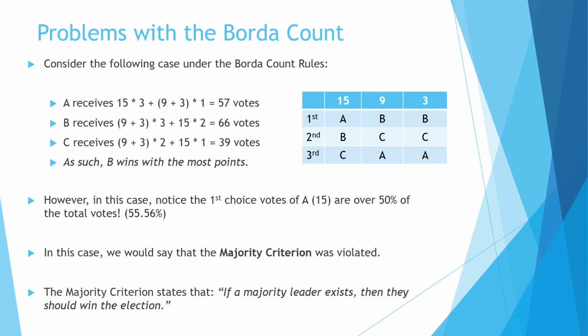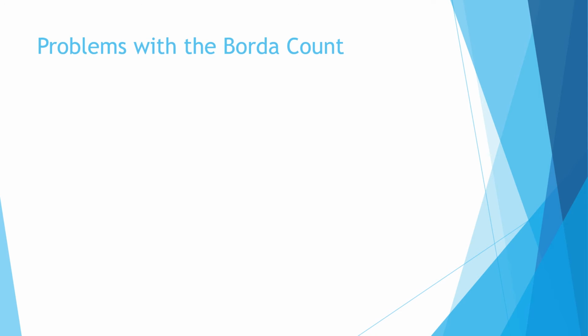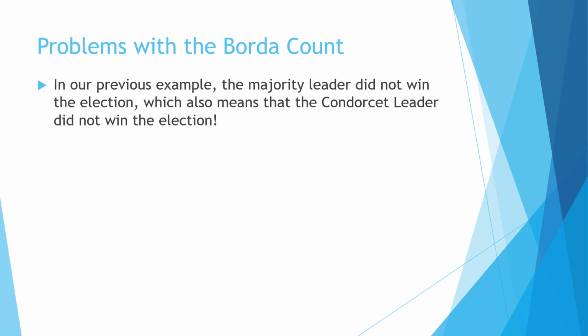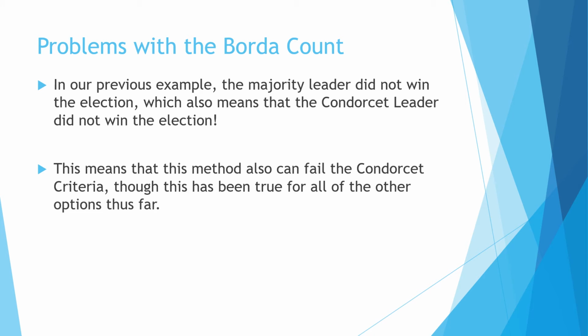But they didn't. So the majority didn't win, but that would mean that the Condorcet leader didn't win, because if there is a majority leader, that is the Condorcet leader. So this fails the Condorcet criterion too. But that's true for everything so far, so that's not the worst thing in the world.